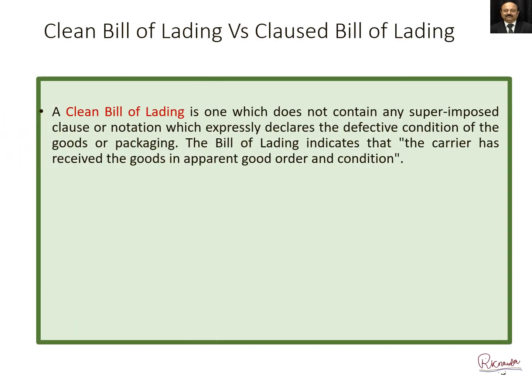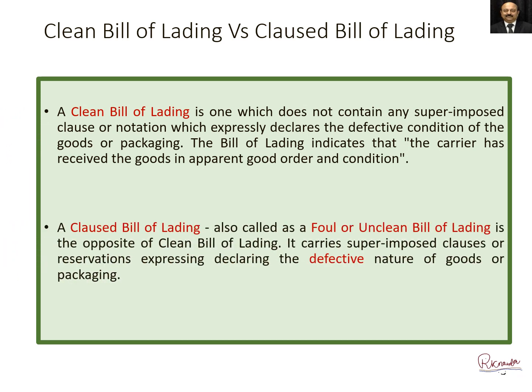What is a clean bill of lading versus closed bill of lading? See, on any bill of lading, if any of the conditions or if any of the narratives indicate the chances of deterioration of goods in transit, then it is known as a closed bill of lading or foul or unclean bill of lading, which means the bill of lading should be clean.